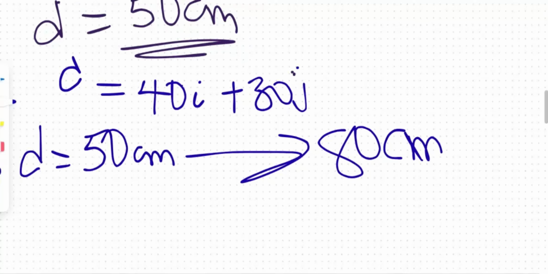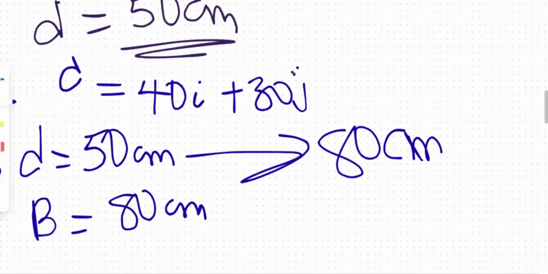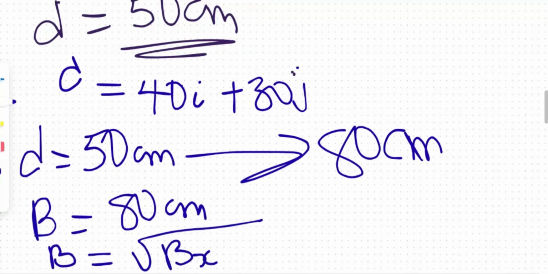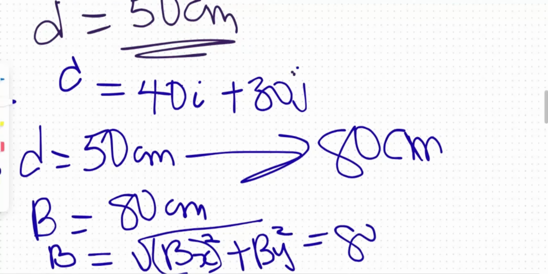Let's call the final position of the vector b. The final position of the vector is 80 centimeter. So for us to get this b, the magnitude of b would be the square root of bx squared plus by squared, which equals 80.